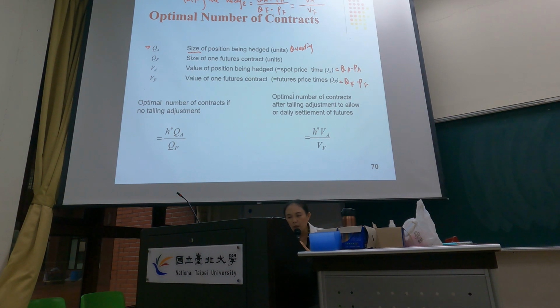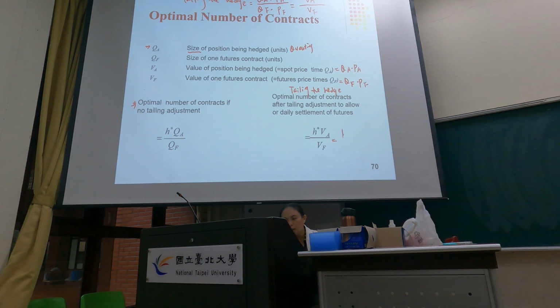Okay? So tailing the hedge is here. Originally, when we compute how many contracts we want to hedge, you can only use the quantity. Like before, you want to hedge for 20,000 barrels, and then you just use 20,000, right? But now, you want to adjust for the price differences as well, okay? So after we adjust the price differences, it becomes the value, okay?